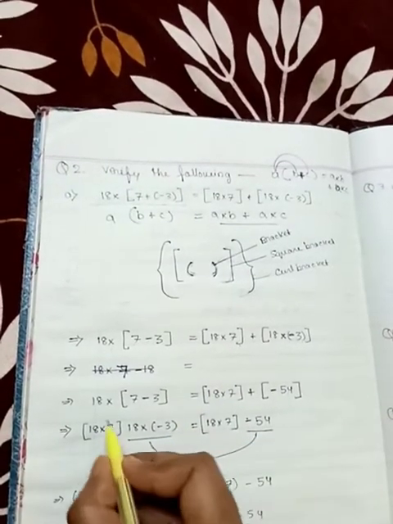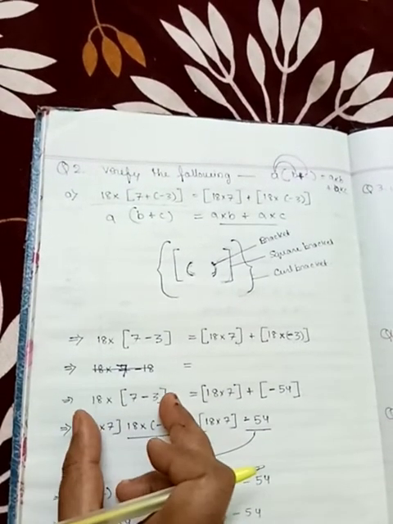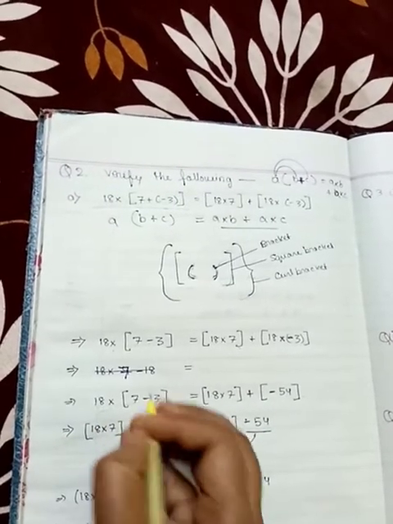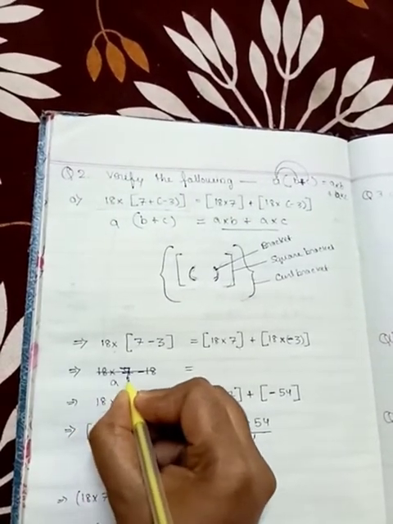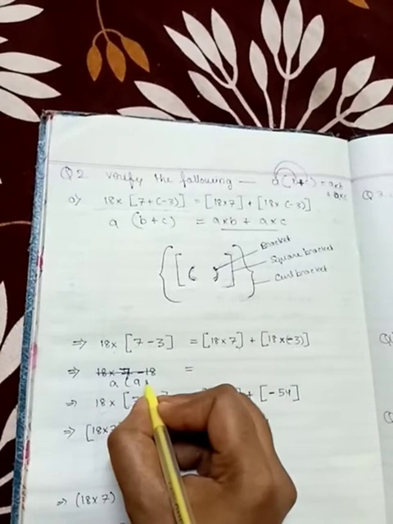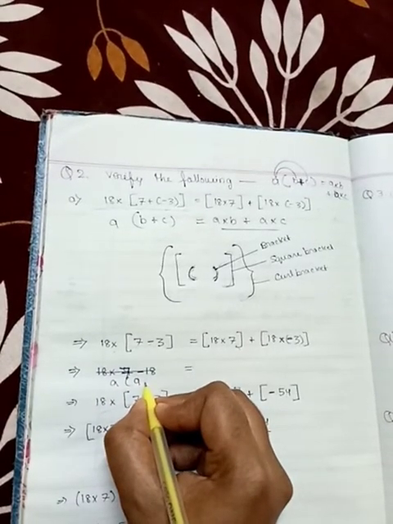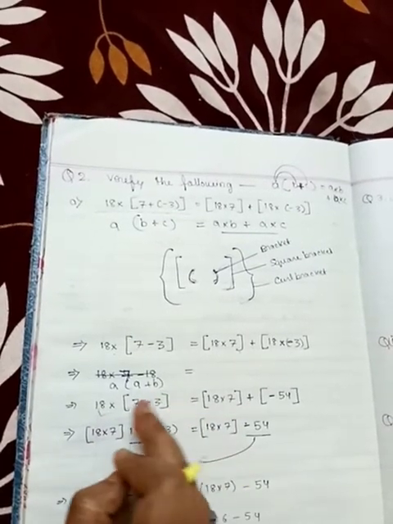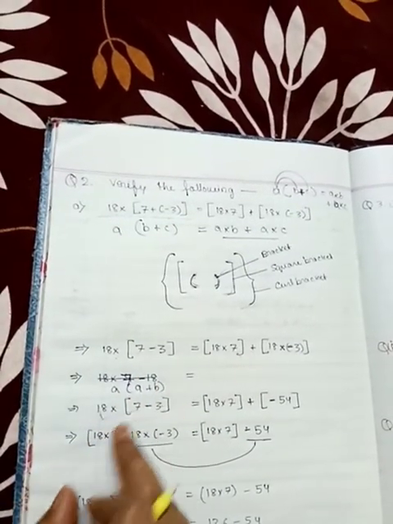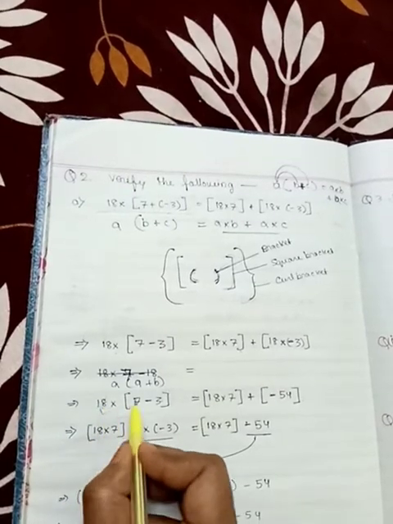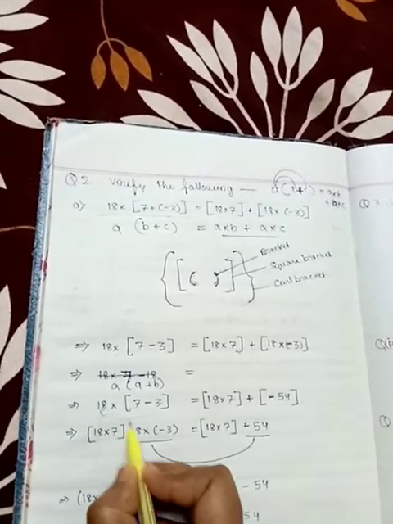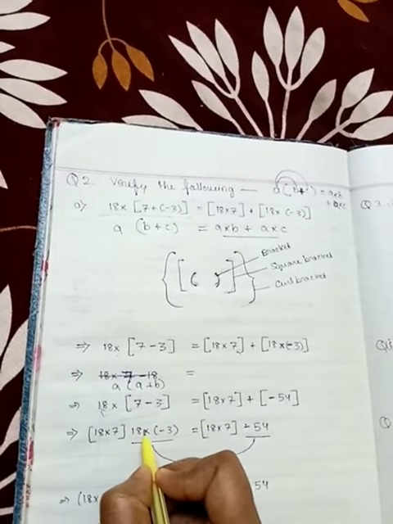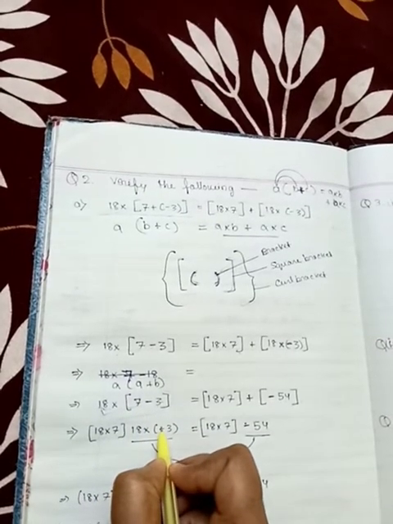The next point will be, you just see here, this is in the form of A plus B. Okay, again we have to distribute it. 18 into 7, then 18 into minus 3. Understood?